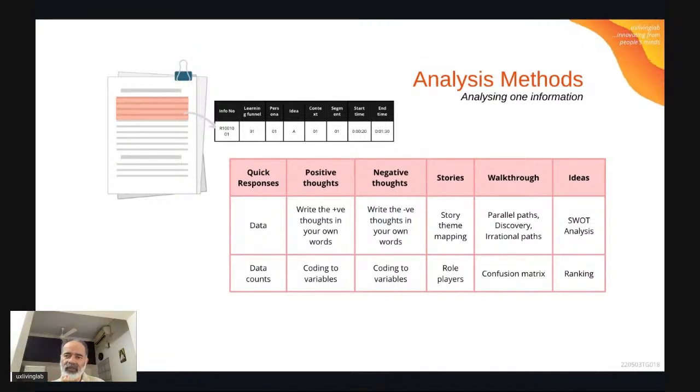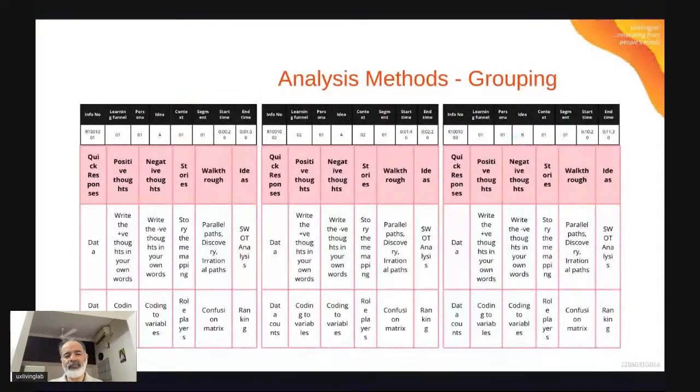I'm merging these thinking hats with management and psychological principles, psychological models. Then you have to group this individual information based on your requirement.